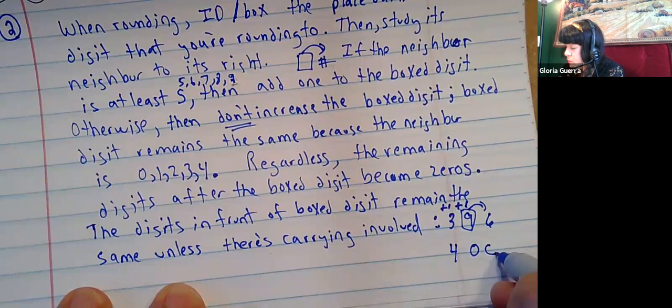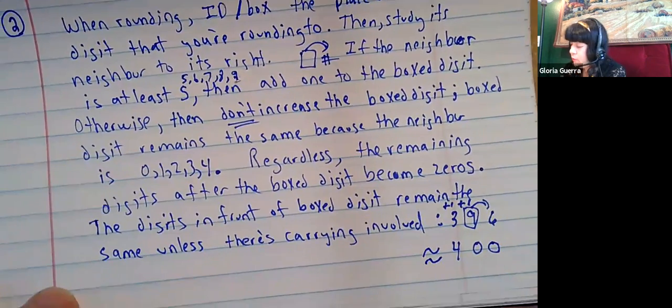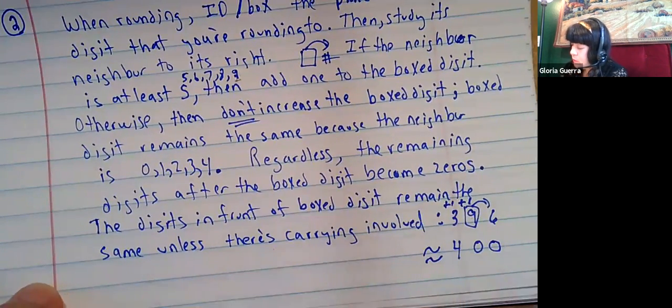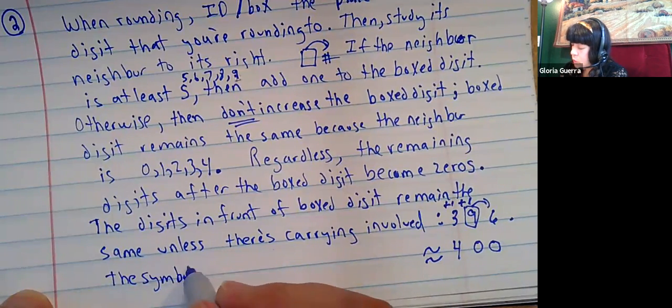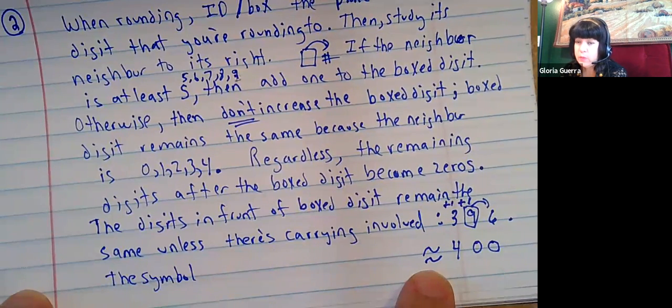That becomes 0. And then usually we use a symbol, which you would put on your own paper. I don't think the computer will let you put that answer choice in there. So that's part of showing your work. Put that symbol on your paper.